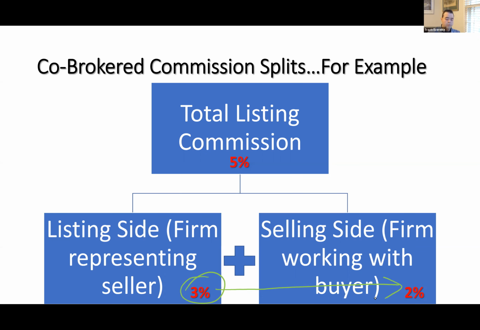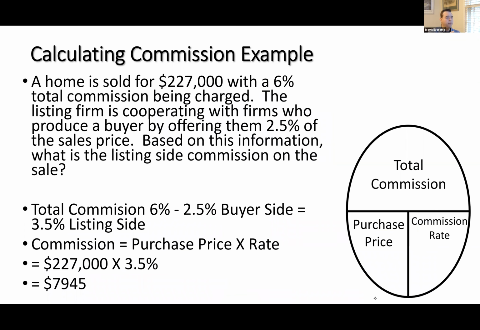Okay? So how do we calculate commissions when we do have this split going on? So look at this question. It says a home sold for $227,000 with a 6% total commission being charged. The listing firm is cooperating with firms who produce a buyer by offering them 2.5% of the sales price. Based on this information, what is the listing side commission on the sale? Now, I'm gonna give you a little bit of a hint, a shortcut.